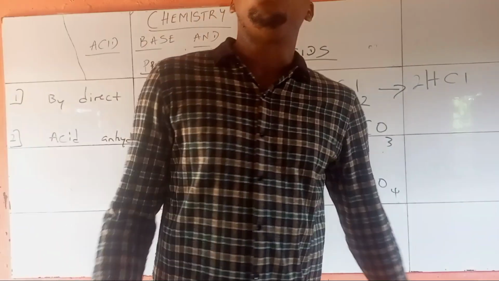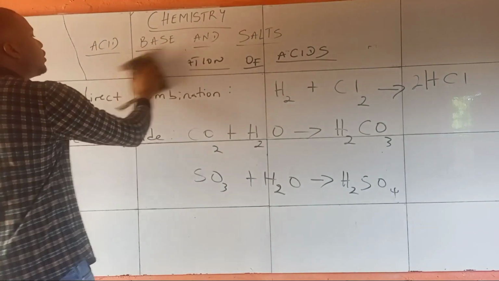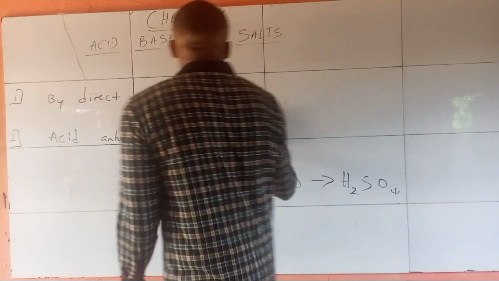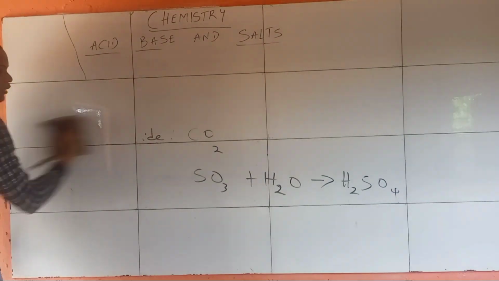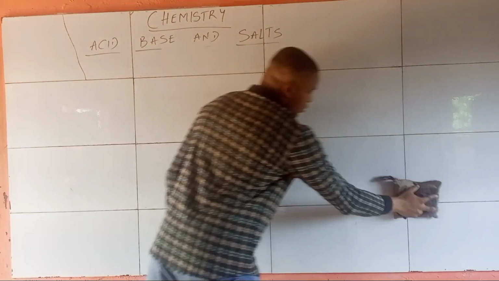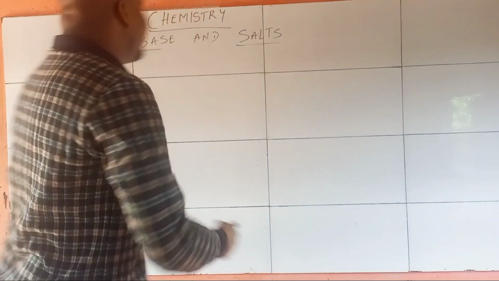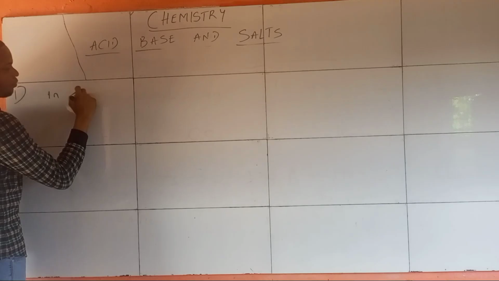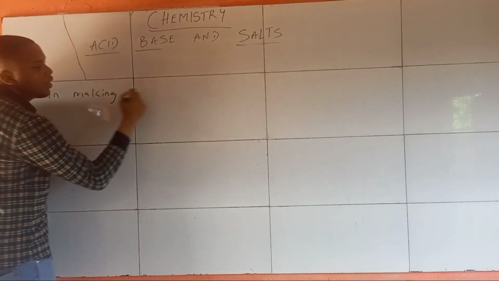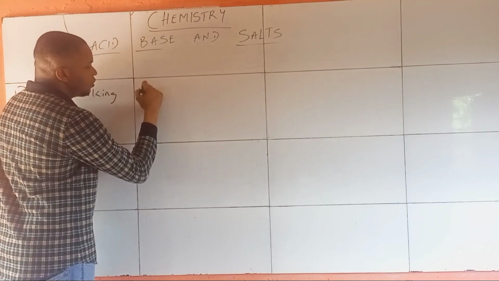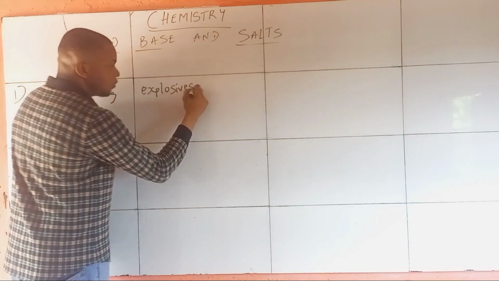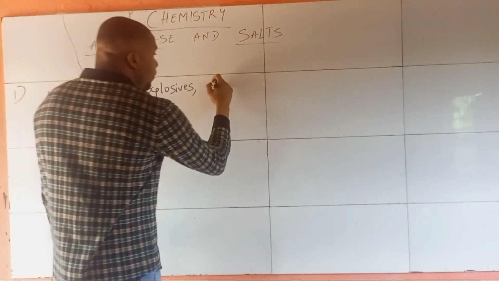I will end this video by telling you some of the uses of acid. Acid can be used in making explosives. It can be used in the production of paints.